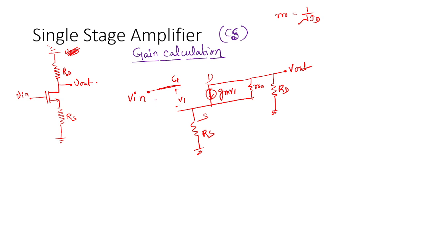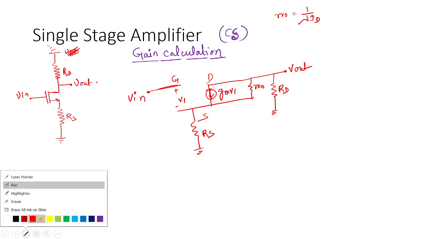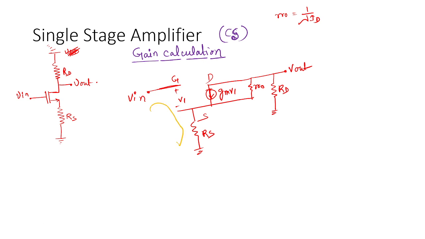Now in this loop you can write KVL. Let me change the pen color. I'm talking about this loop. Okay, so before that, the amount of current flowing through RD is Vout by RD. So in this direction, what is the amount of current? Minus Vout by RD. So here also minus Vout by RD current is flowing.